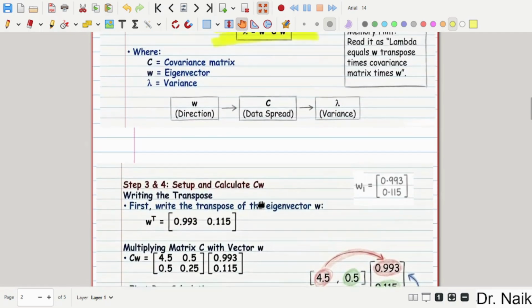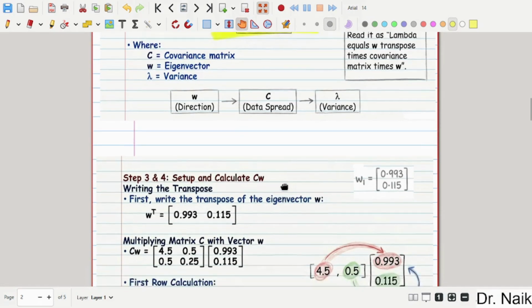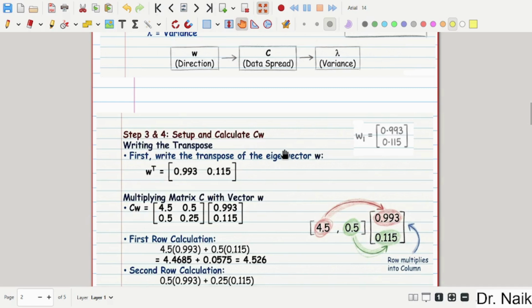Now first calculate the CW term. W transpose is a row vector, because W1 is a column vector with entries 0.993 and 0.115. The question mentioned this W1.